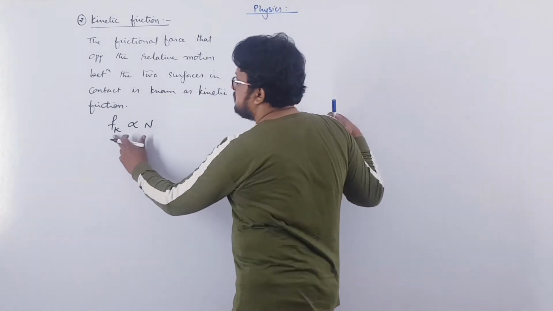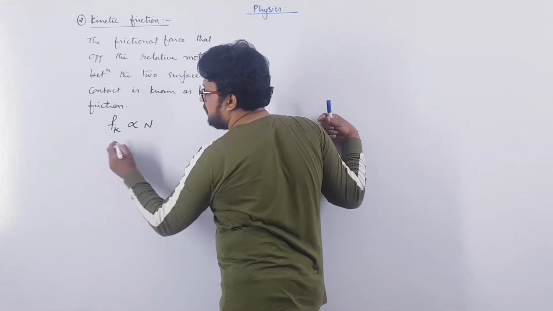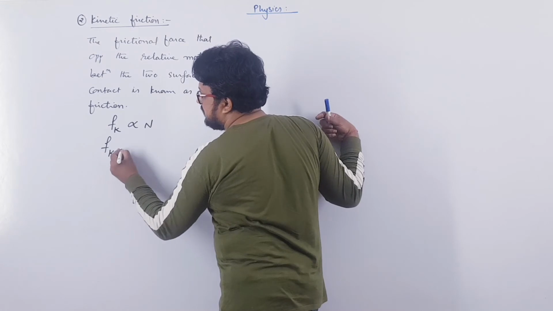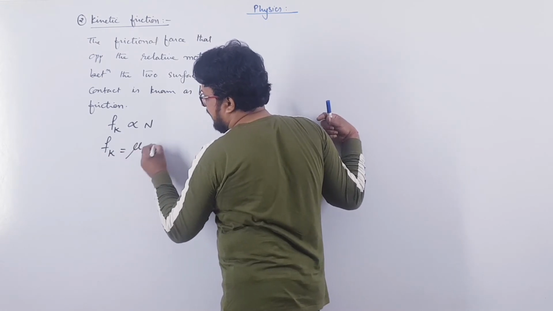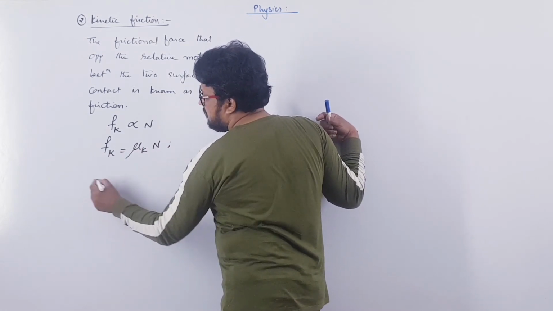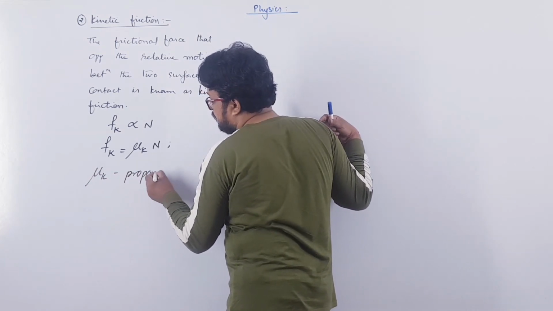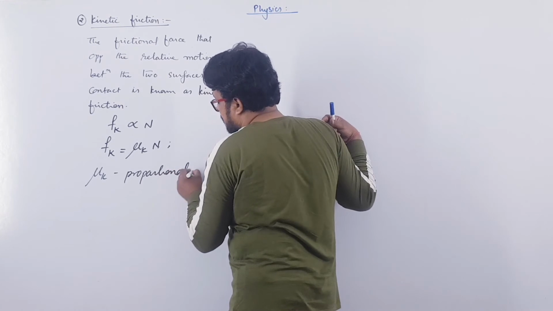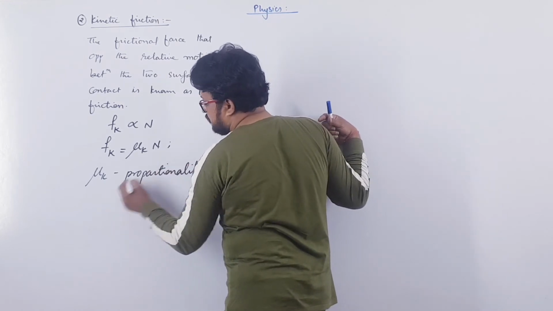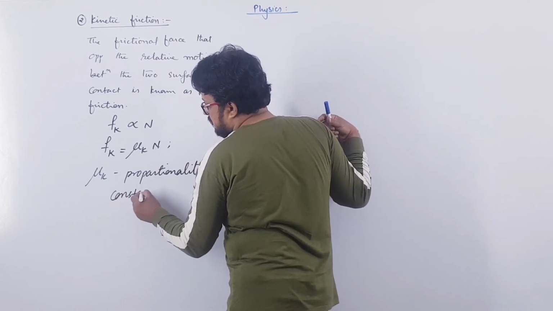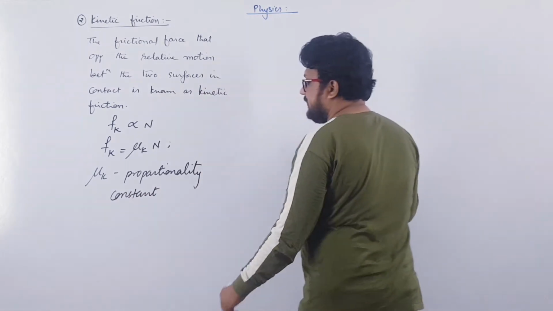So kinetic friction is directly proportional to normal, or you can say that kinetic friction is equal to mu K n, where again mu K is the proportionality constant.